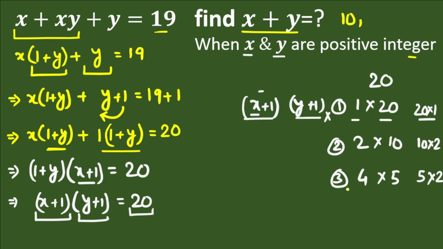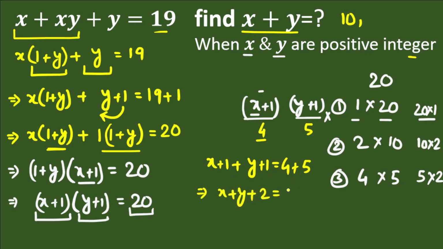Now for the third case, either x plus 1 will be 4 and y plus 1 will be 5, or 5 and 4, and the result will be the same. Now we'll add these two factors: x plus 1 plus y plus 1, and on the right-hand side we have 4 plus 5.